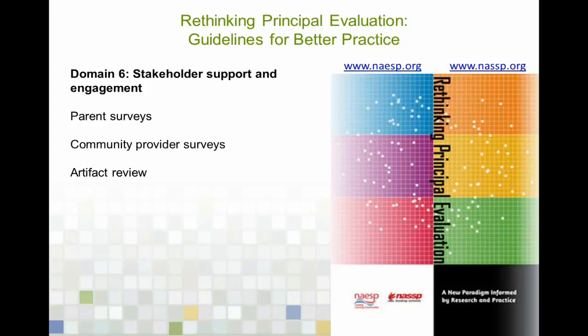In closing, I'd just like to say, keep in mind that although student achievement is the ultimate outcome, how long does it take to change student achievement? And the literature shows that student achievement is very correlated with context.